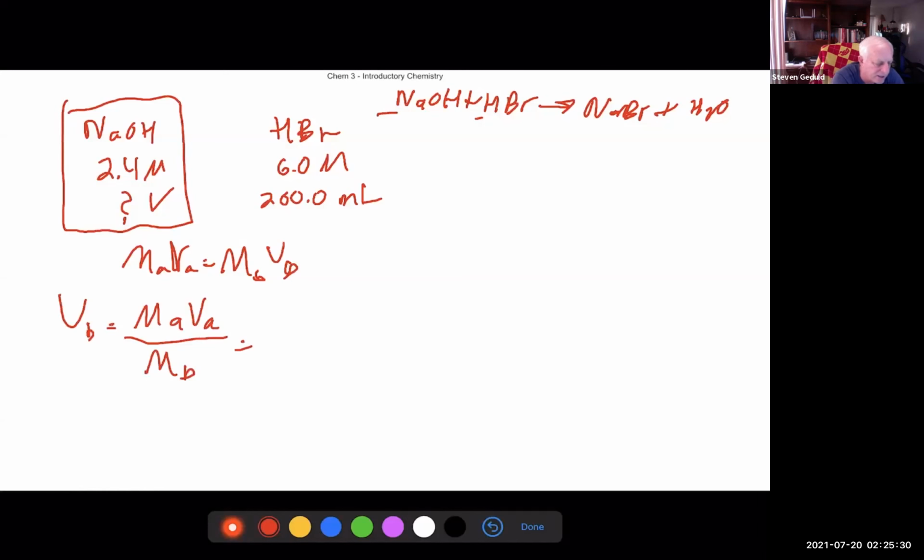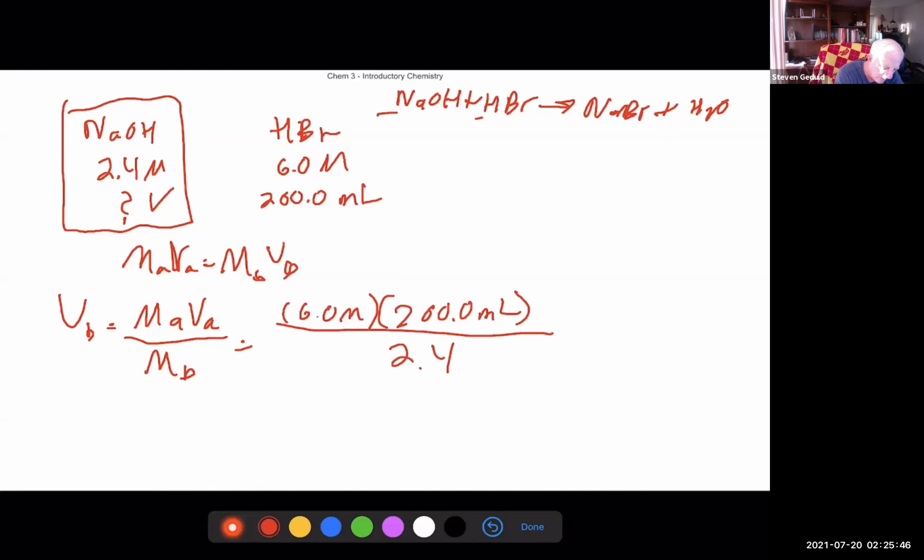So the molarity of the acid is 6.0 molar. The volume of the acid is 200 milliliters. And the molarity of the base is 2.4 molar. Molarities cancel, you're left with milliliters.